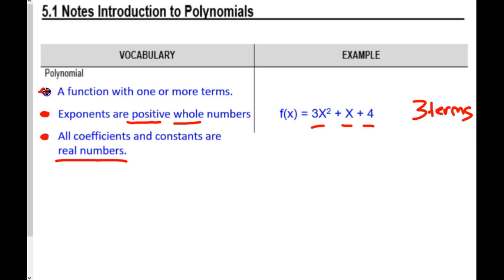All right, does everyone have the first definition and example written down?